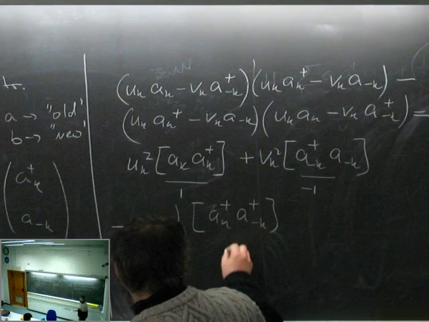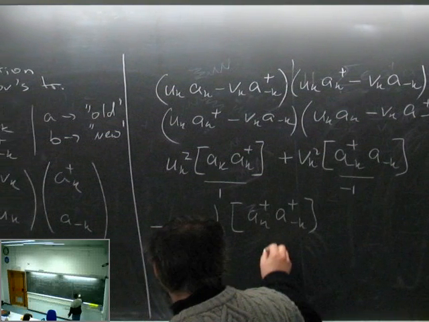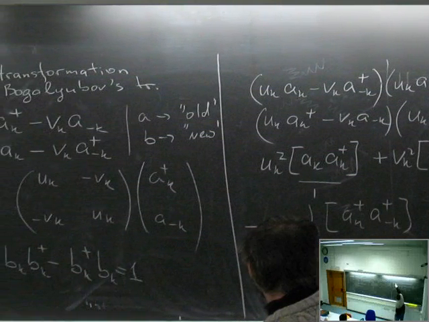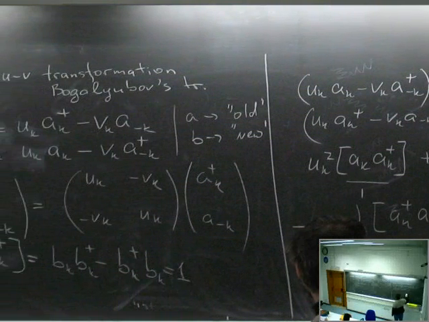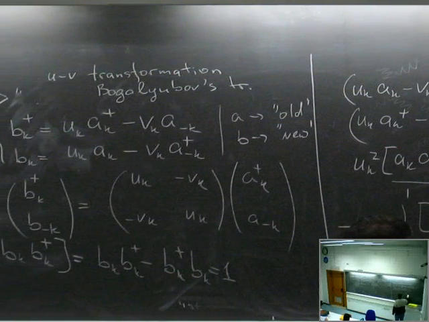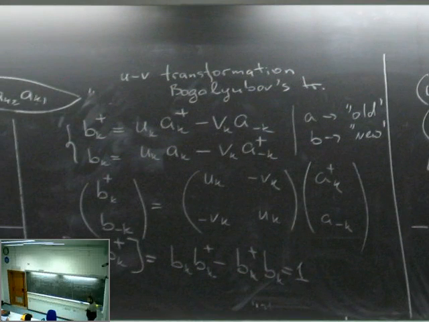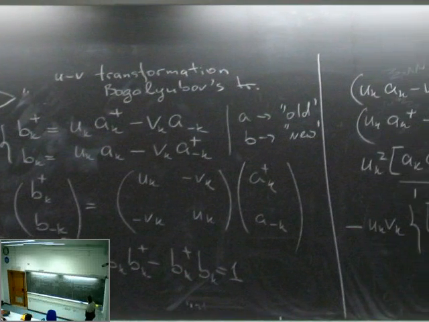Since two creation operators always commute. Plus, I look at this term, and clearly it is the commutator of a_k and a_{-k}, a commutator of two annihilation operators, which also commute.